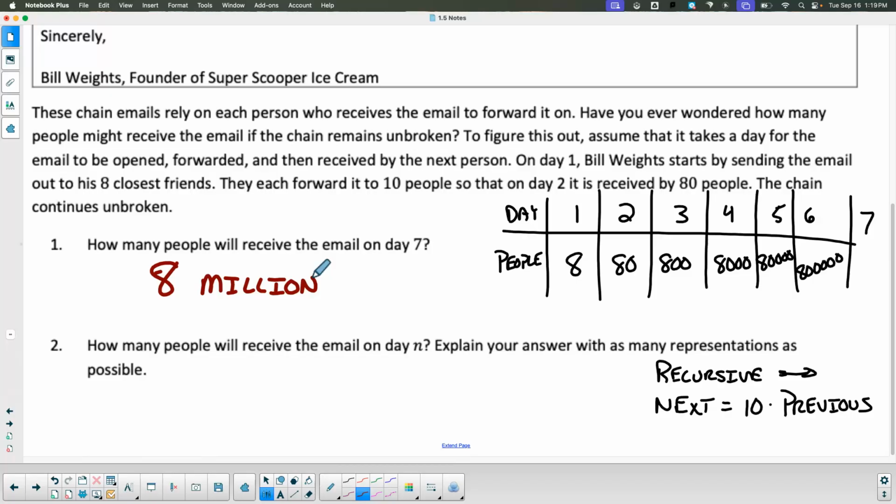From day 2 to day 3, did we add 72 again? No, we added 720, right? Okay, so that's not the same, so it's not linear.